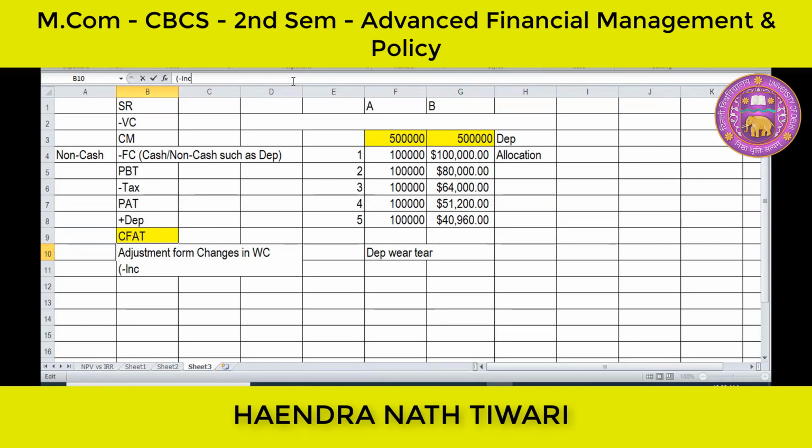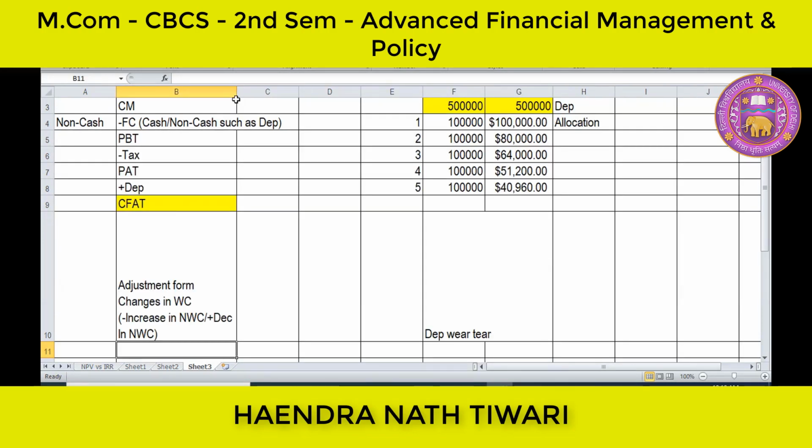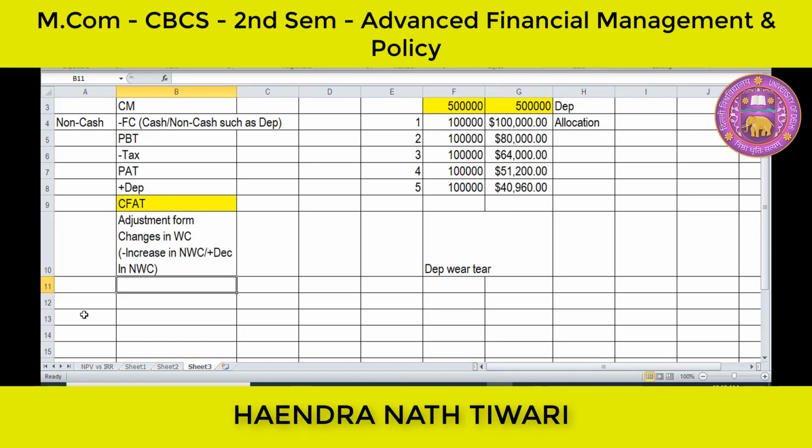So minus increase in net working capital. If working capital decreases, this much cash is extra available to you. So plus decrease in net working capital. So you make adjustment for changes in working capital. Right?